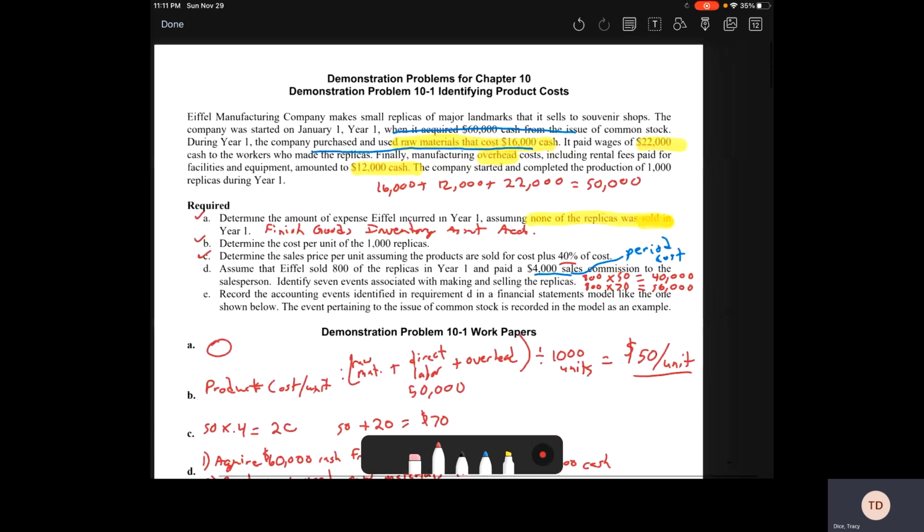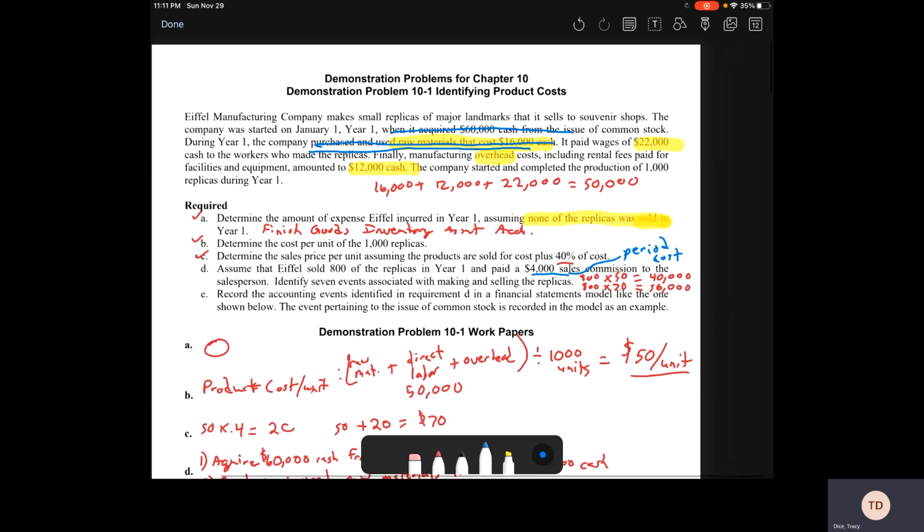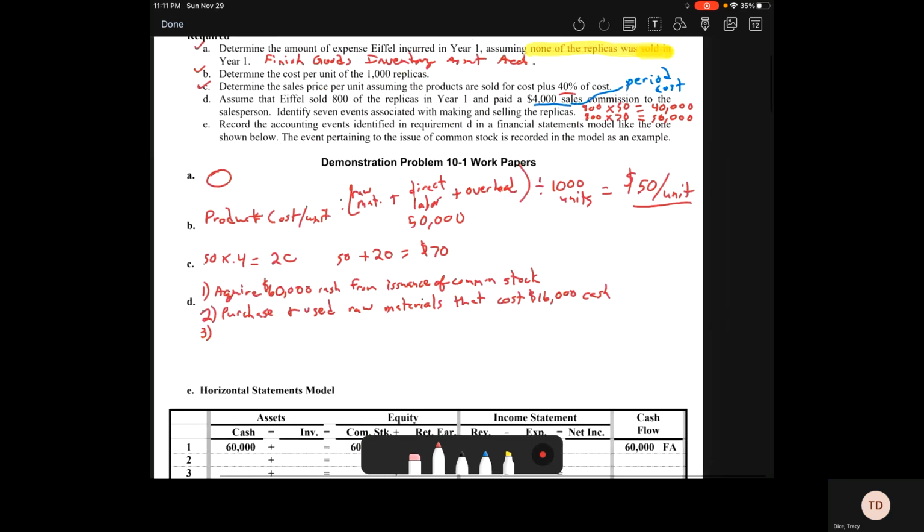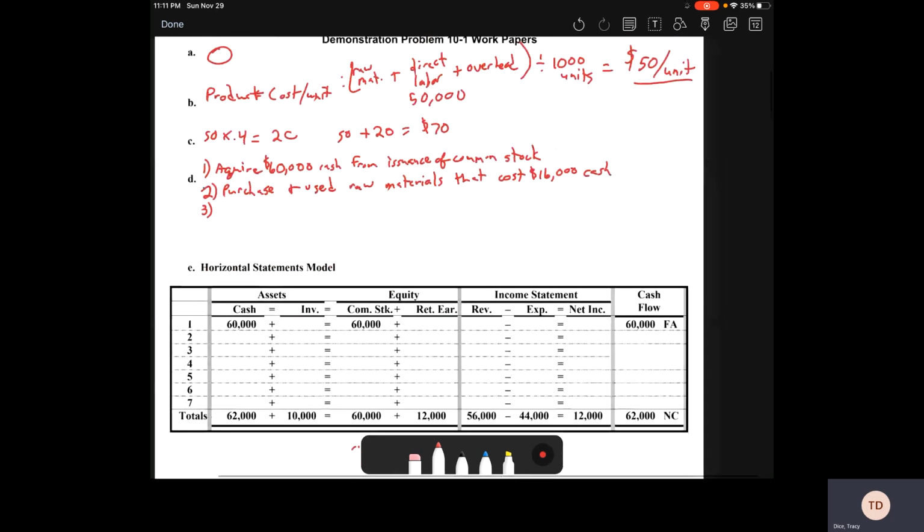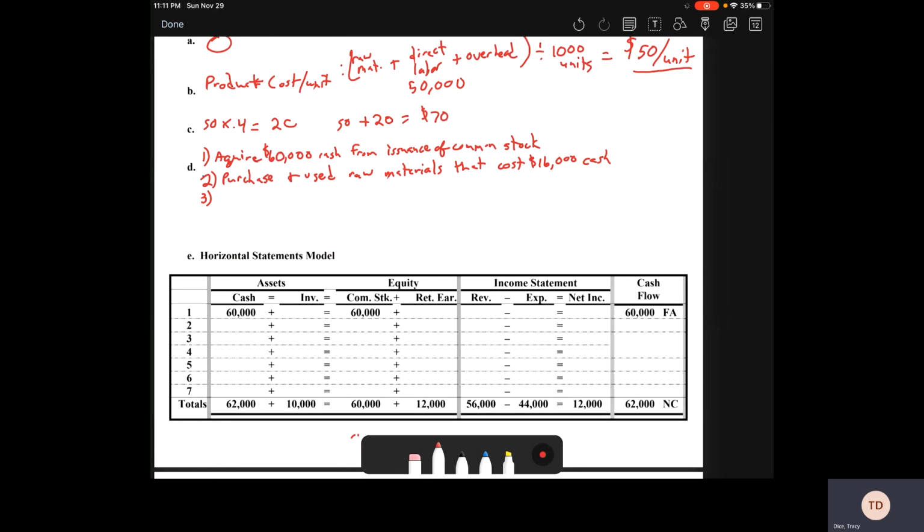So number 3, we're paying wages of $22,000 for the cash workers. So paid wages. Let's just say paid direct costs, paid direct wages or direct labor wages.